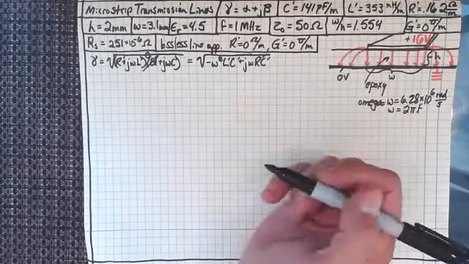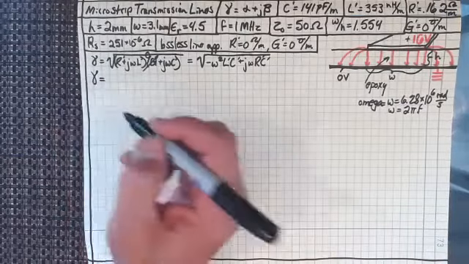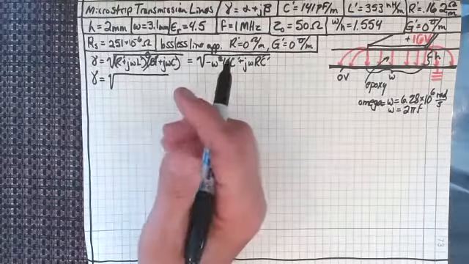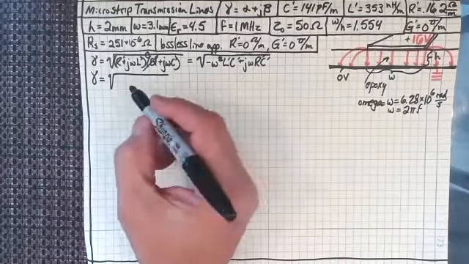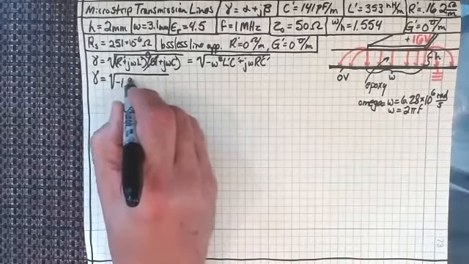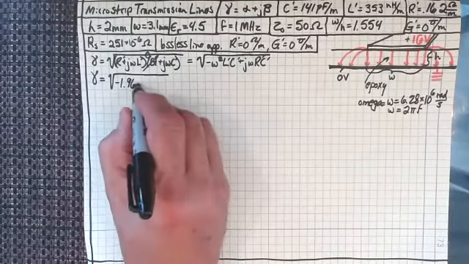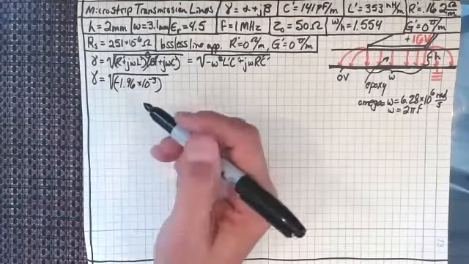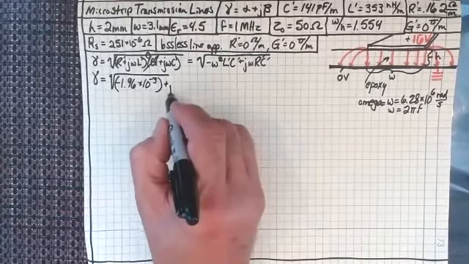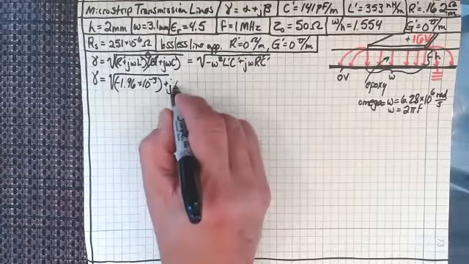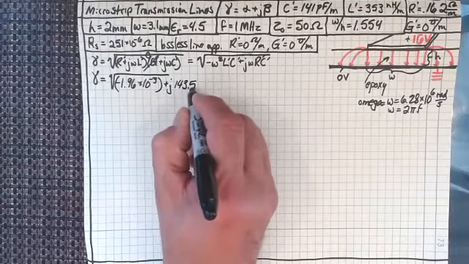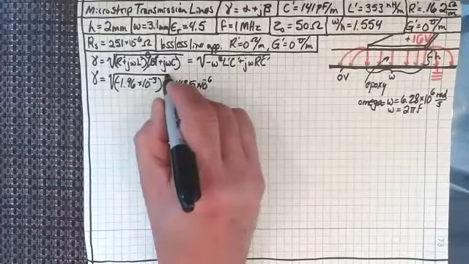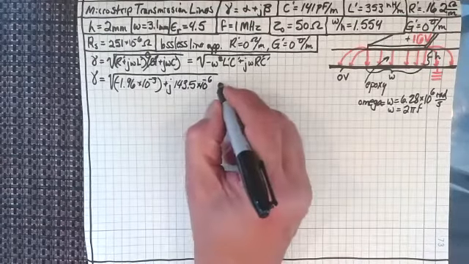If we work that out and look at the actual propagation constant, what we get is the square root of minus 1.96 times 10 to the minus 3 plus J 143.5 times 10 to the minus 6. Okay?